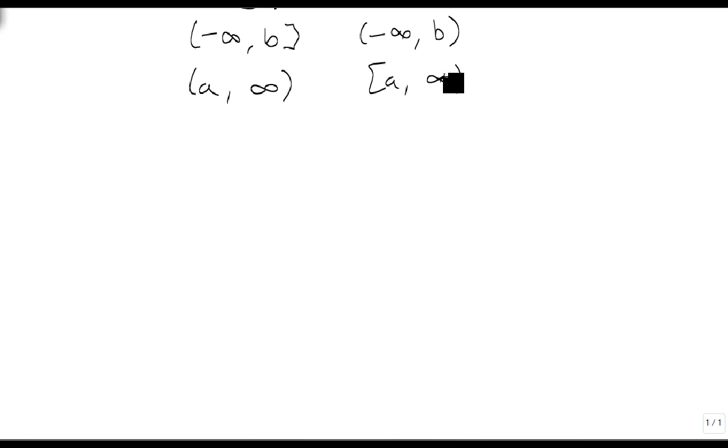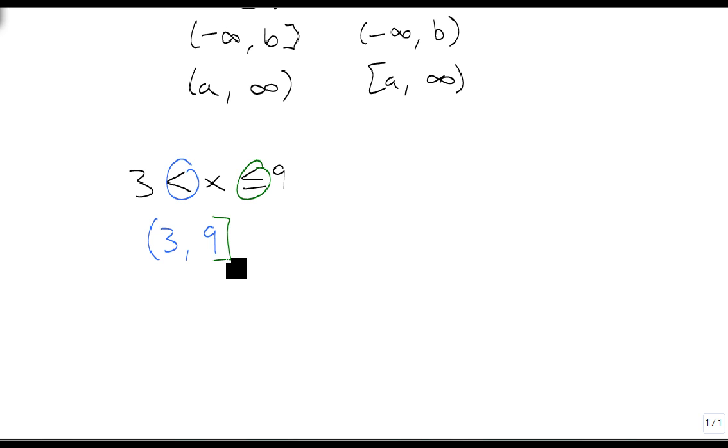So let's convert some very simple ones to interval notation. Suppose that we have the range 3 is less than x is less than or equal to 9. Our interval notation always goes smallest to biggest, 3 to 9. The less than becomes a parenthesis, the less than or equal becomes a square bracket.